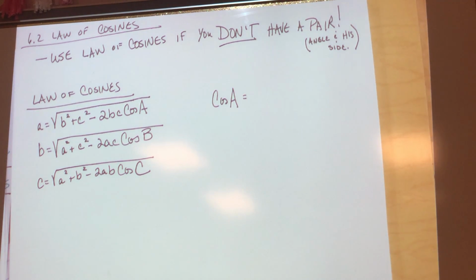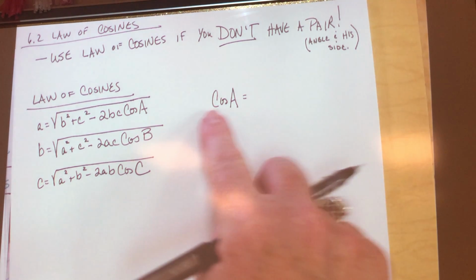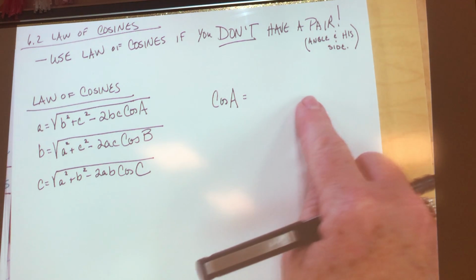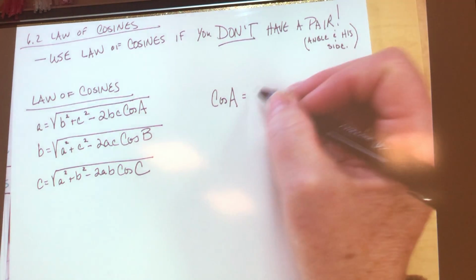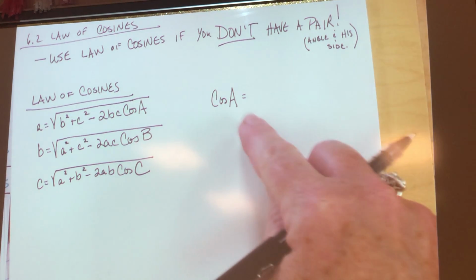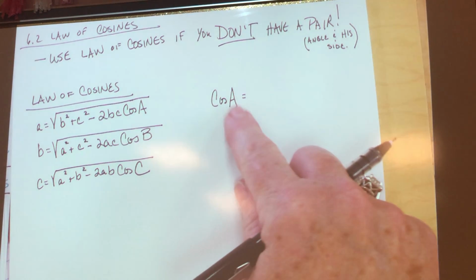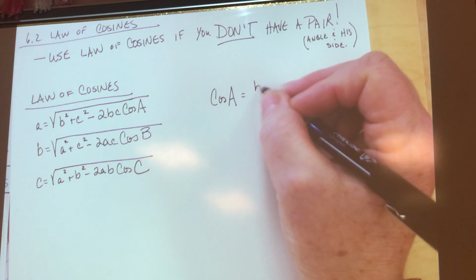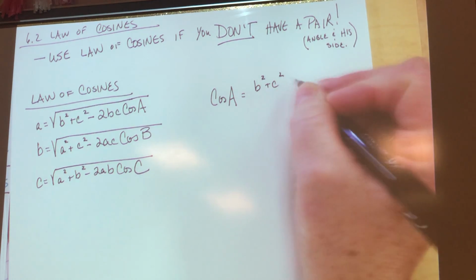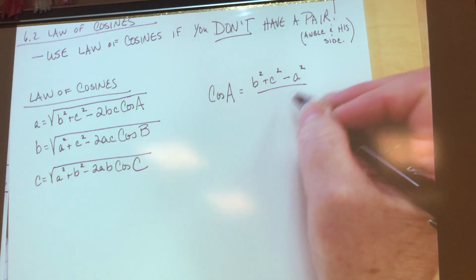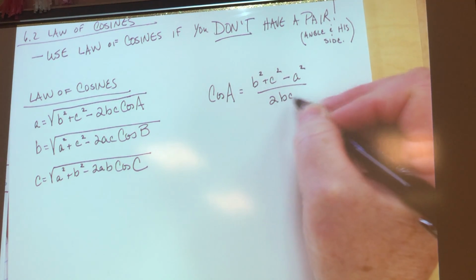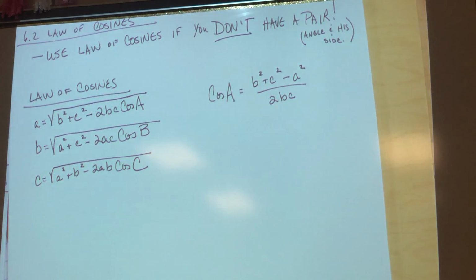So when I write it, I'm going to write inverse cosine, and then write this part, and then it'll just give me the angle. It is not this angle's side, so it's going to be b squared plus c squared minus this angle's side over 2bc. These first two right there.